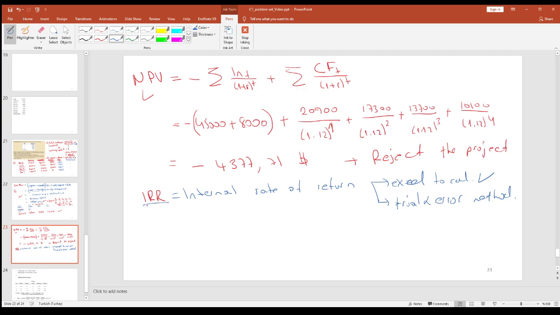So what is internal rate of return? By definition, internal rate of return is a rate that makes net present value 0. So this is our equation.